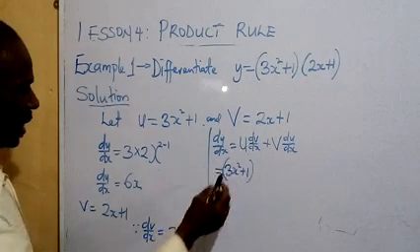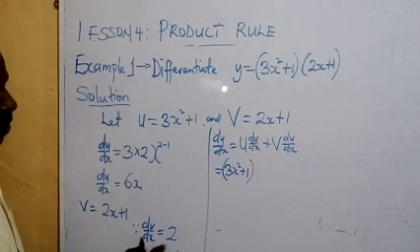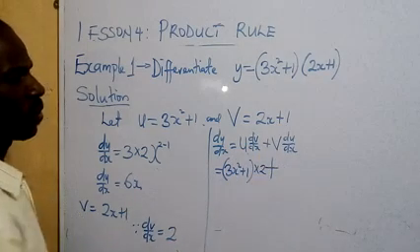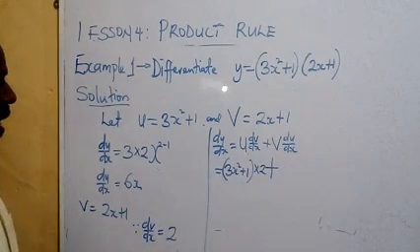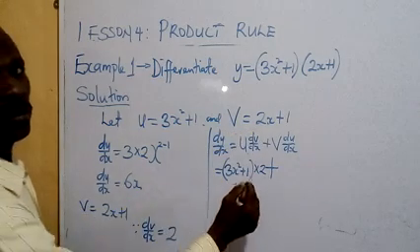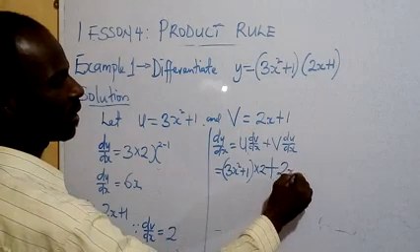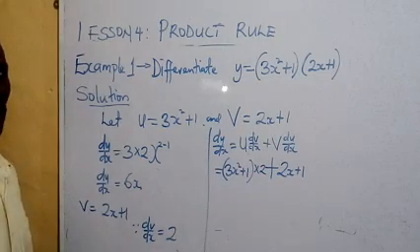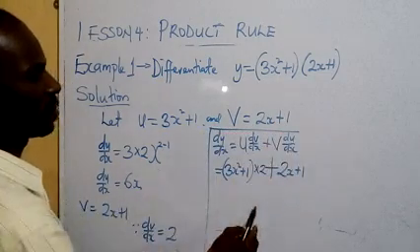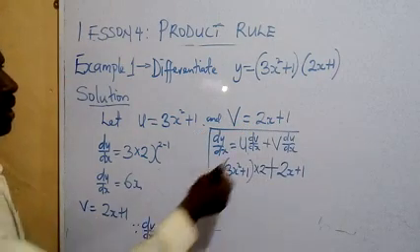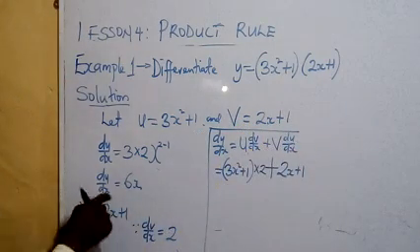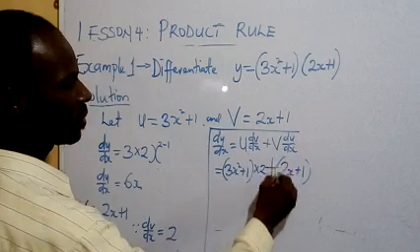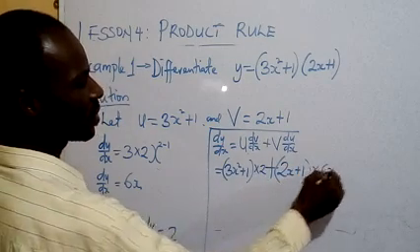So what is our dv/dx? dv/dx is 2, that is multiplied by 2. Plus, what is our v? Our v is this, 2x plus 1. That is our v. So what is our du/dx? du/dx is 6x. Therefore, multiply it by 6x.